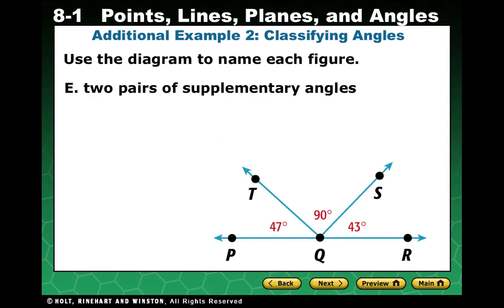2 pairs of supplementary angles. Supplementary angles add up to 180 degrees. So we would take the 2 angles TQP and RQT. So one of the acute angles, and then we make an obtuse angle with the angles that are right next to each other.